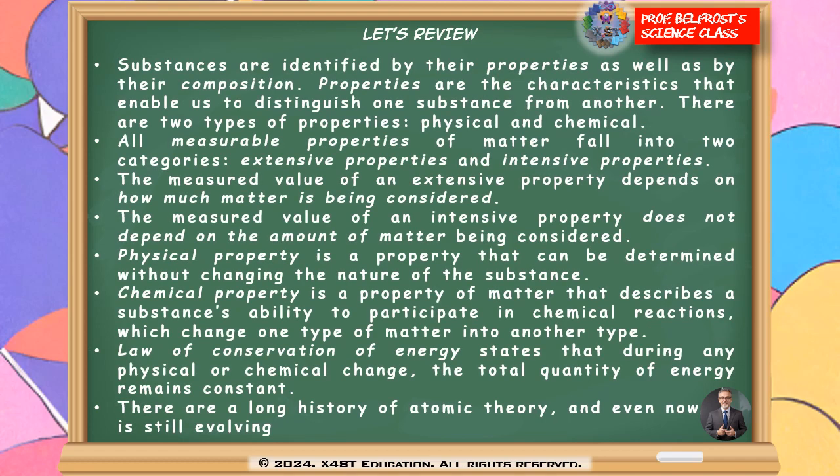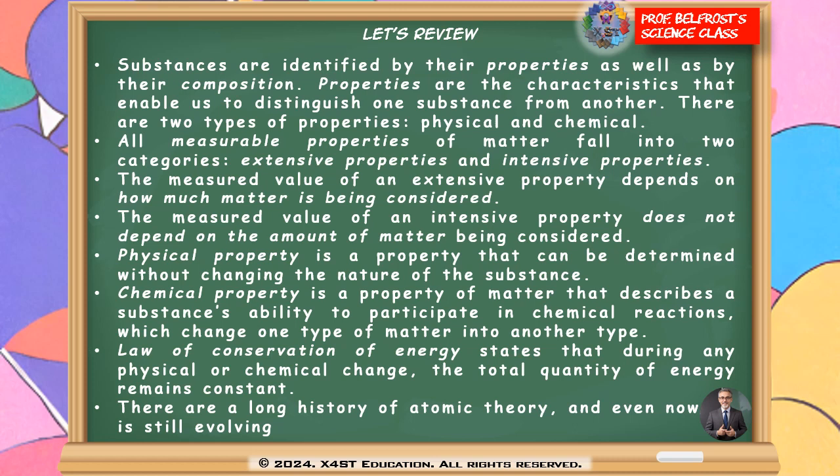But before that, let's review a little. Let's recap. I'll give you a summary about our last lesson topic. Substances are identified by their properties as well as by their composition. What is a property? Properties are the characteristics that enable us to distinguish one substance from another.